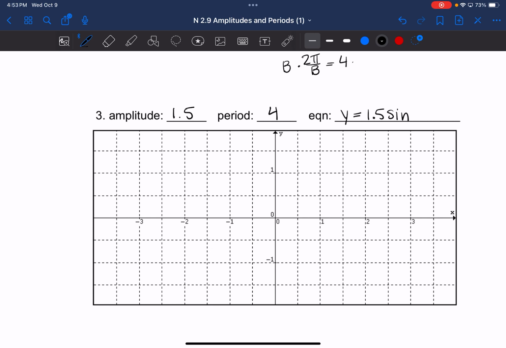So I'm going to solve exactly like we did earlier. And when I divide, I'm going to have 2 pi over 4, which is going to simplify to 1 pi over 2, or pi over 2, and then my term x. So since this is a function of sine, it's going to start at 0, 0.